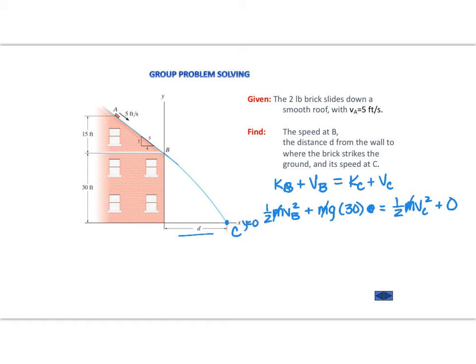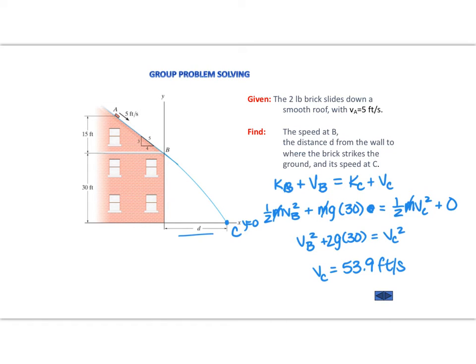I'm going to multiply everything by 2, so I have v_B squared plus g times 30 times 2 equals v_C squared. v_C, if I do my calculation, ends up to be 53.9 feet per second. And I think I might have put meters per second in the last slide, so fix that mentally for yourself.